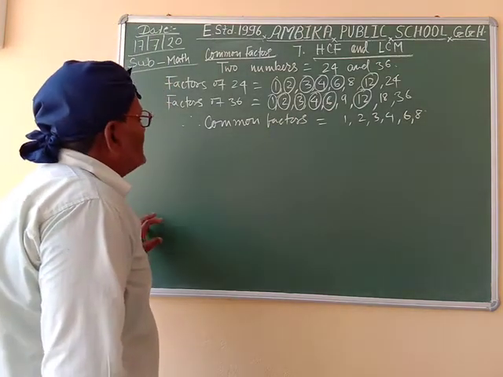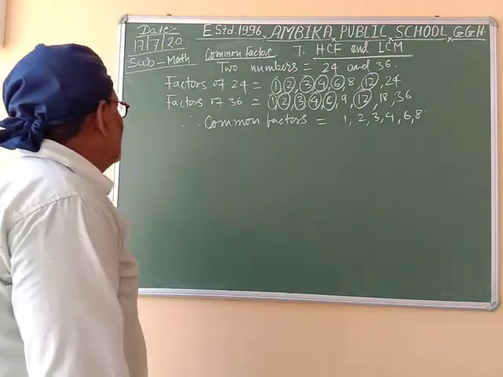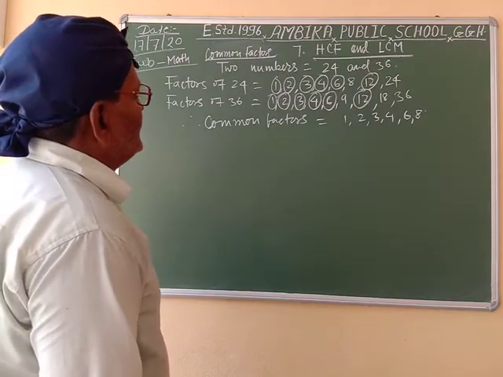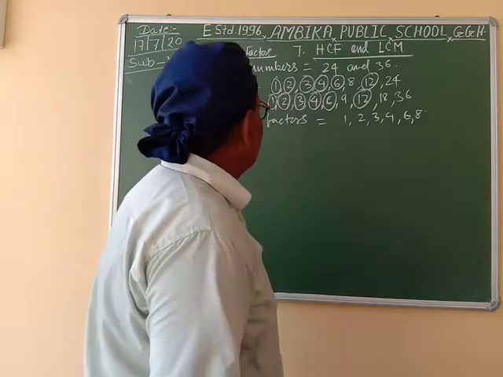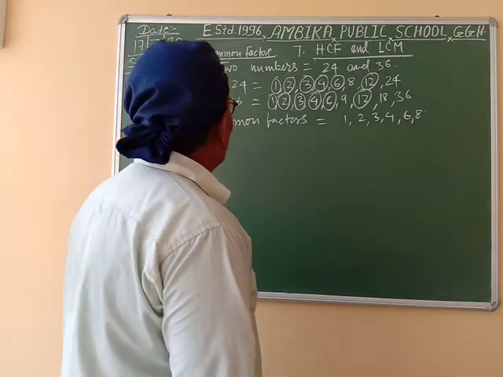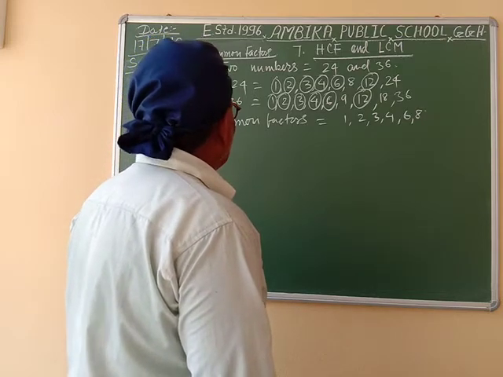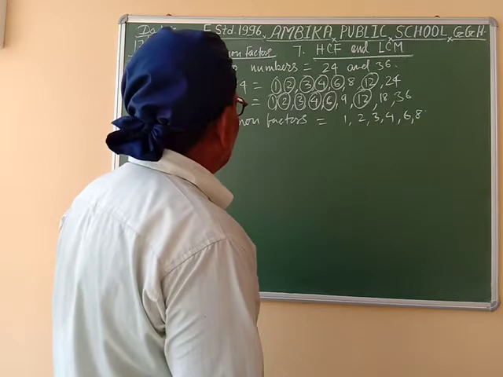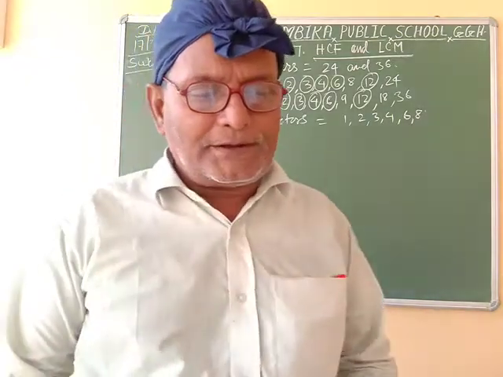The factors of 24 are 1, 2, 3, 4, 6, 8, 12 and 24. And factors of 36 are 1, 2, 3, 4, 6, 9, 12, 18, 36. Here we see that some numbers are common in both 24 and 36 as 1, 2, 3, 4, 6, 12. So these numbers are called common factors.